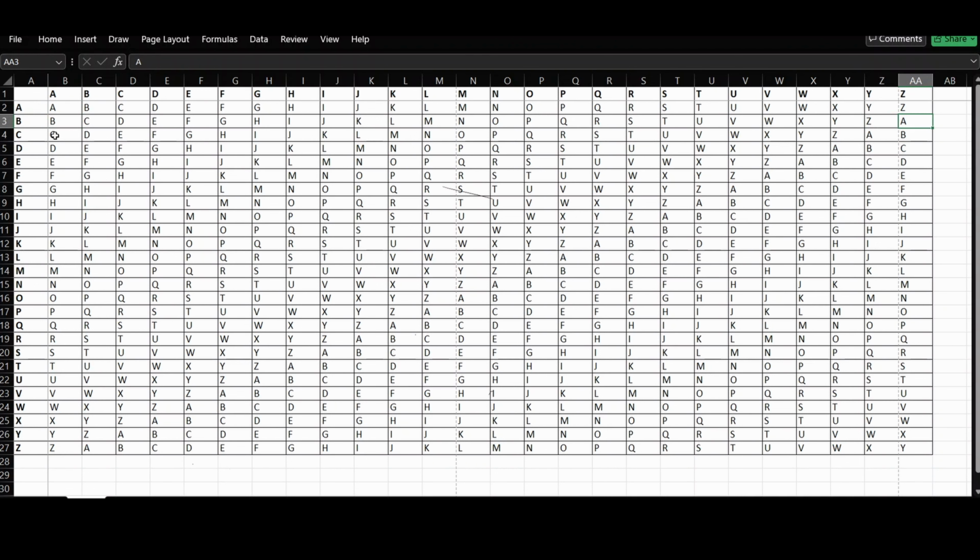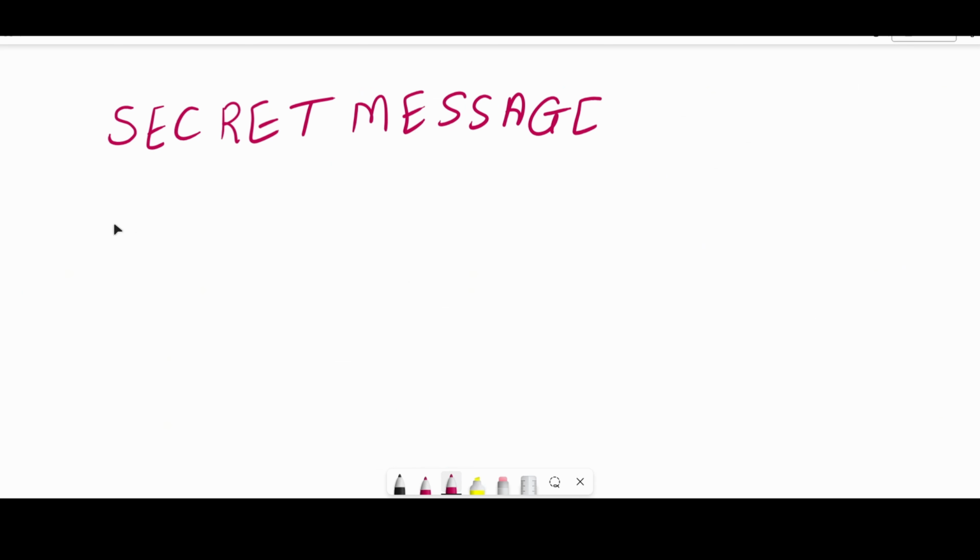In the same way, we have the third one starting with C. In the same way for the columns, the first column starts with A, the second column starts with B, the third is C, and the last one starts with Z. First we define a key, then using that key we encrypt our message. Suppose we have a text of secret message and we say that our key is apple.